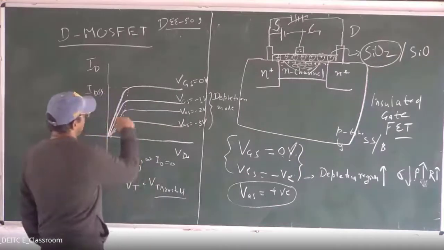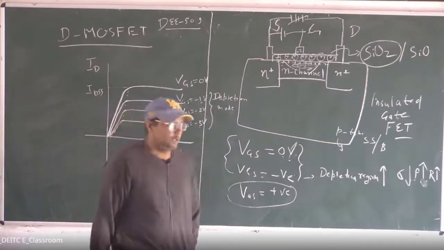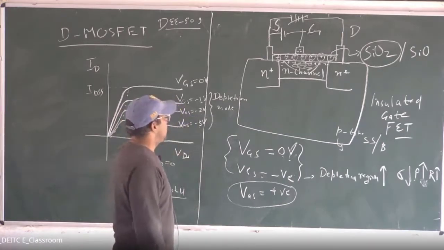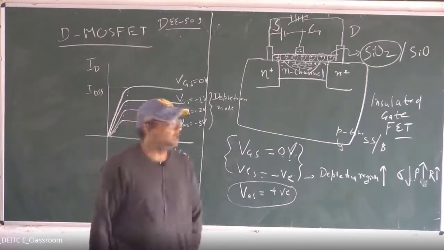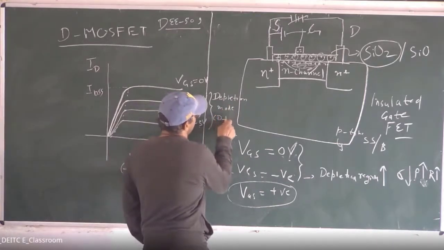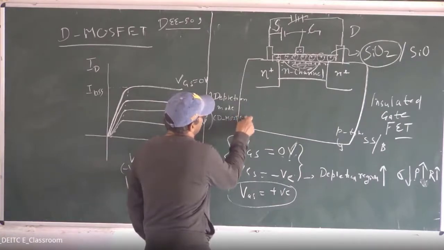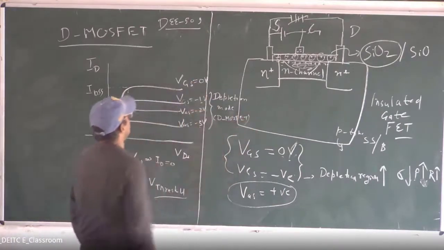We can see here my IDS is decreasing, and the mechanism we have already discussed. This mode is called the depletion mode of the D MOSFET.